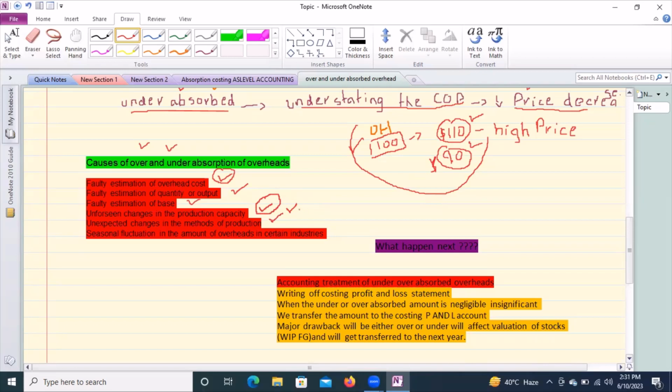You may have forecasted fewer machine hours as a base, as an activity level, but after you adopt the capital intensive production method, your machine hours, your activity level, your bases just get higher. So these are the causes of over and under absorption of overheads.